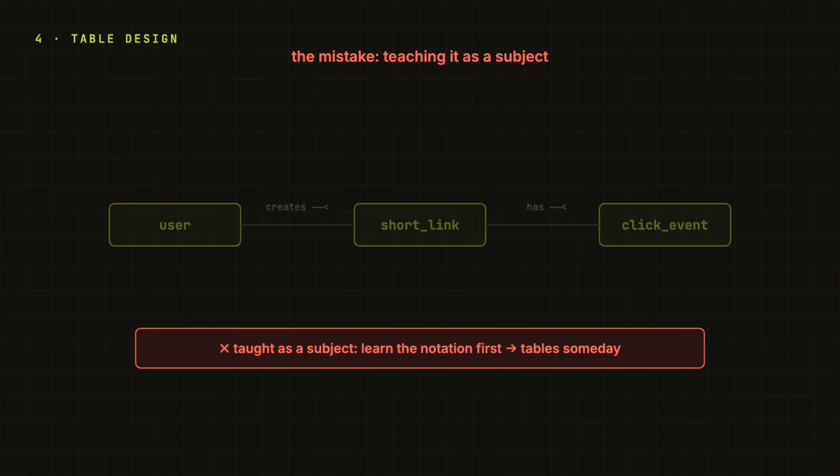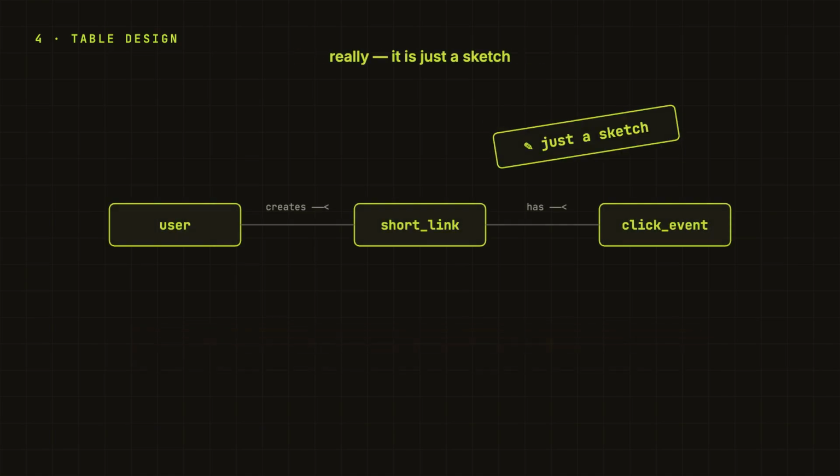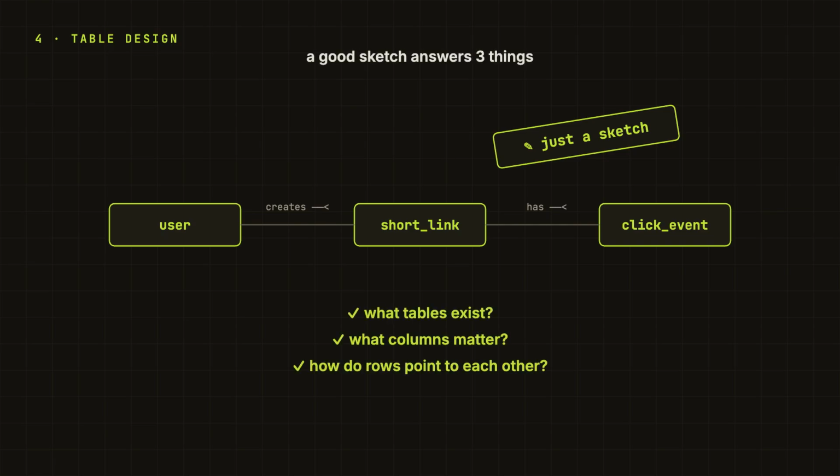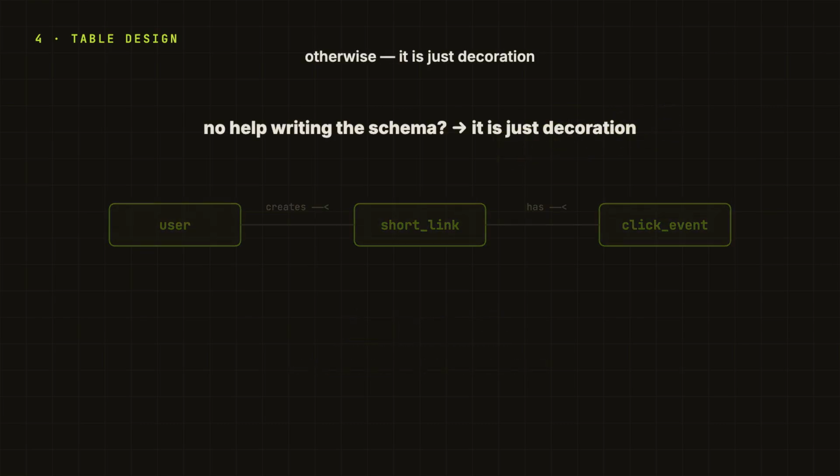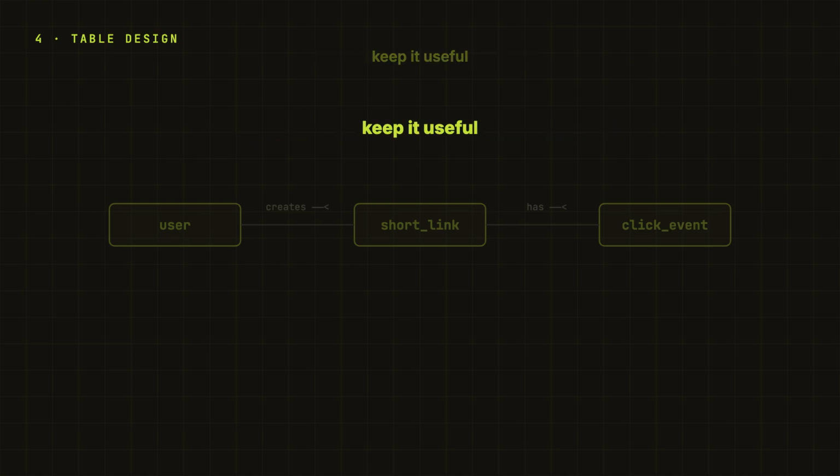Like learn the notation upfront, then maybe someday tables will appear. But in real work, the diagram is just a sketch. It should help you answer what tables exist, what tables matter, what columns matter, and how rows point to each other. If the diagram doesn't help you write the schema or reason about queries, it is decoration only. Keep it useful.